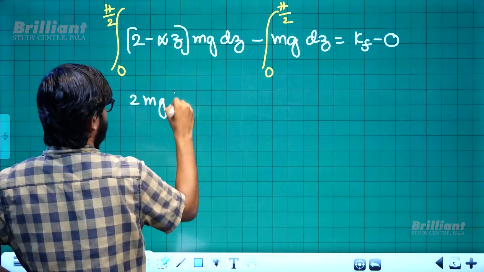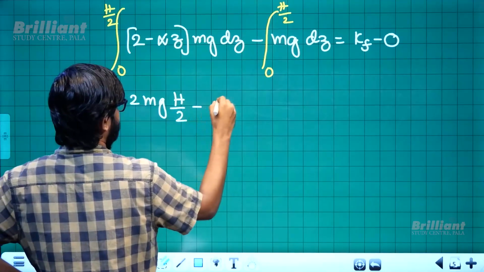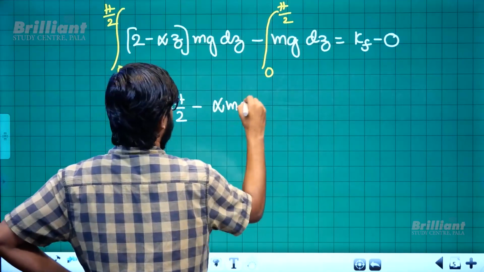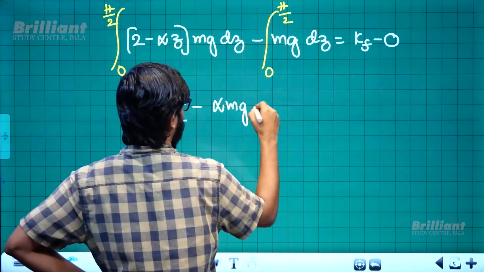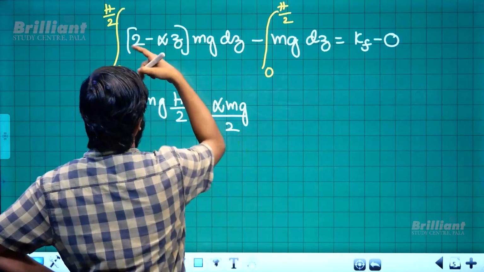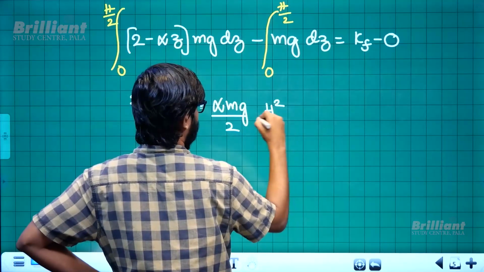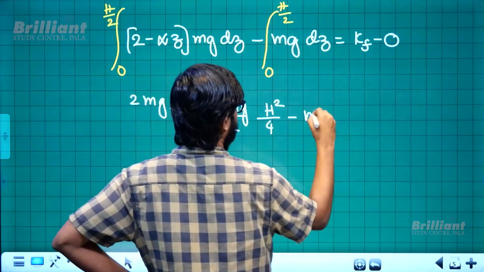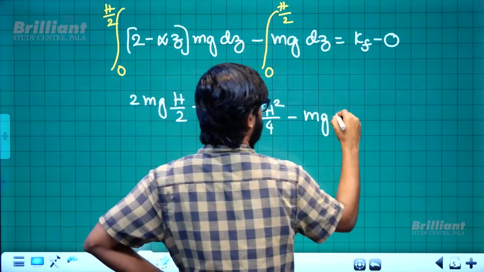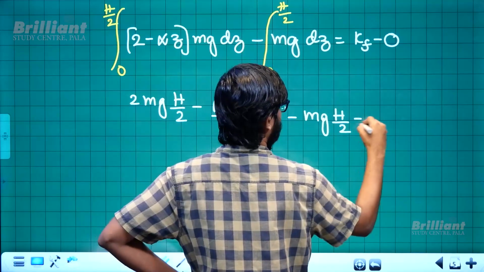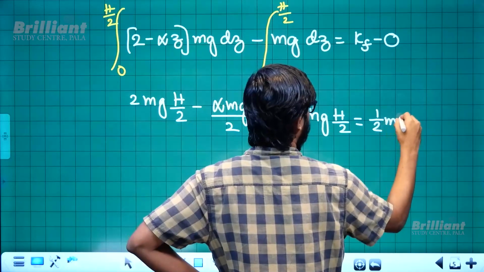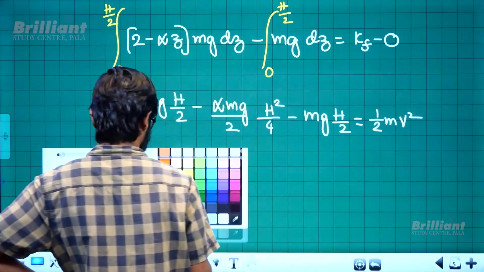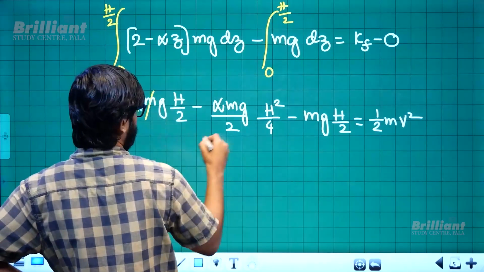When you substitute the limits, you will be getting h by 2. Minus alpha mg z dz, integration is z square by 2. When you substitute the limits, you will be getting h square by 4. Minus mg dz, integration is z. When you substitute the limits, you will be getting h by 2 equals half mv square.